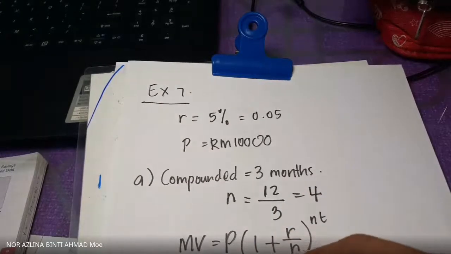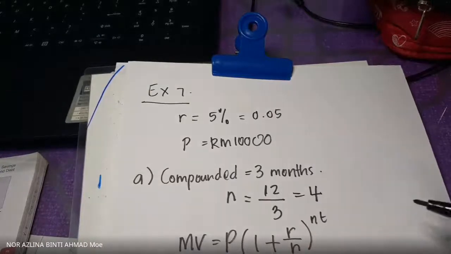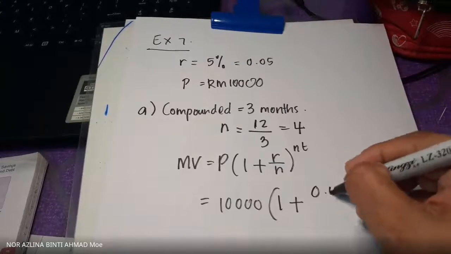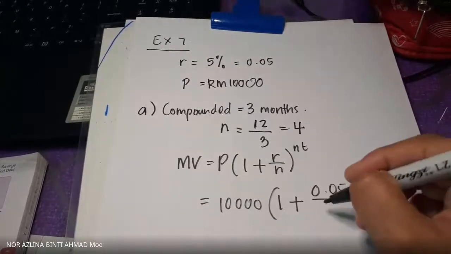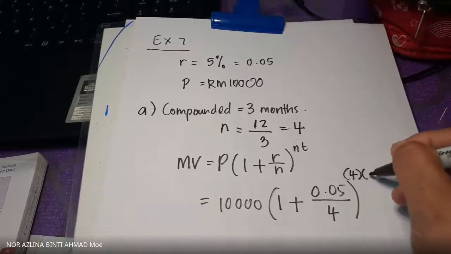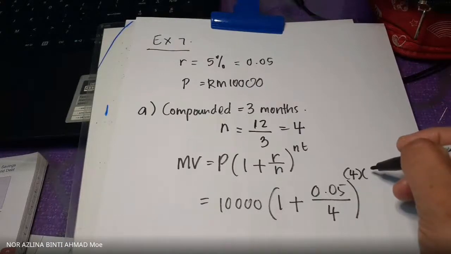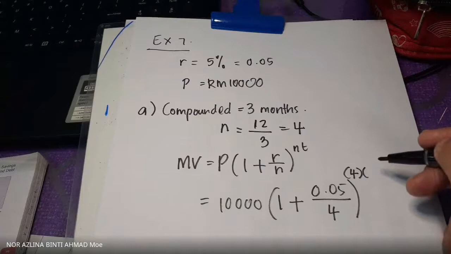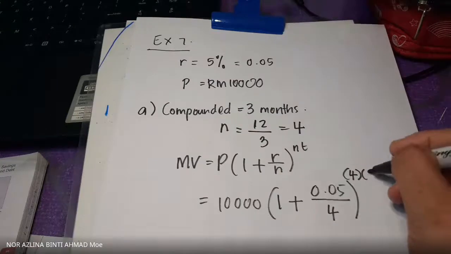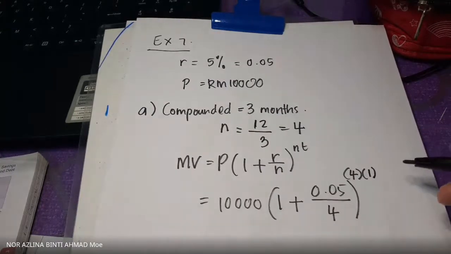P is 10,000. 1 plus R is 0.05 over N is 4, and 4 power of 4 multiply T. T, what is T? The end of the year. So 1 year.